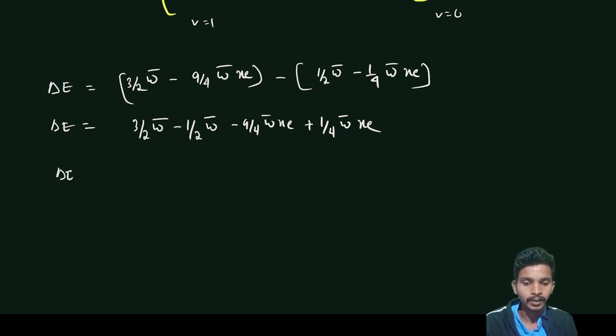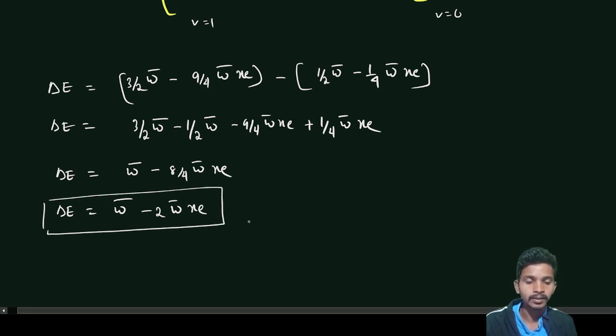So this delta E value is omega, and if I subtract, this becomes minus 8 upon 4 omega xe. So delta E you calculate, this will become omega minus 2 omega xe.